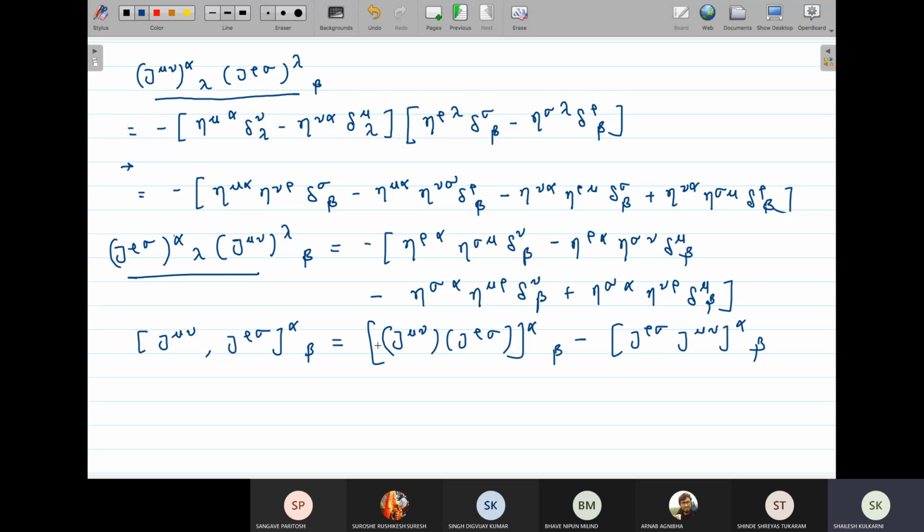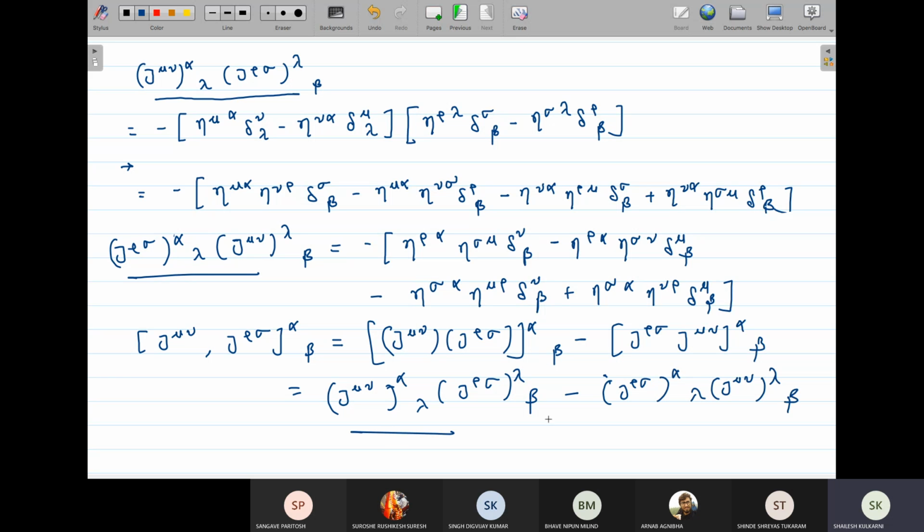This will be the commutator. j mu nu j rho sigma alpha beta entry will be j mu nu alpha lambda j rho sigma lambda beta, minus j rho sigma j mu nu alpha beta entry, which will be j rho sigma alpha lambda j mu nu lambda beta.